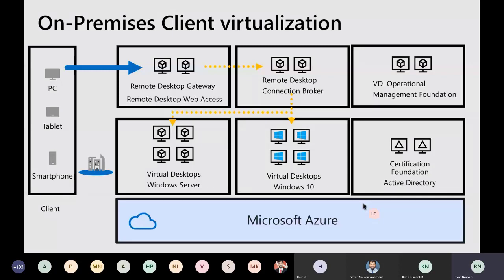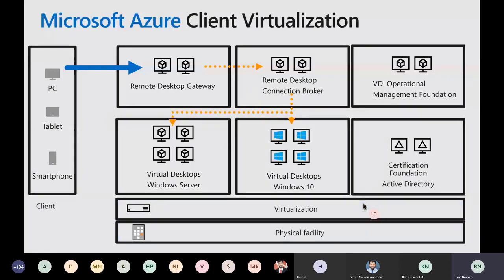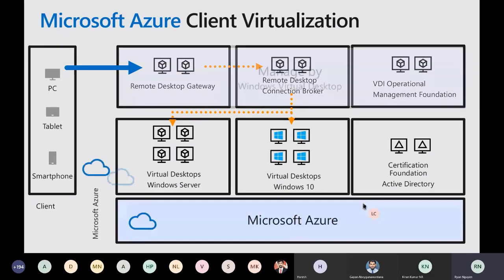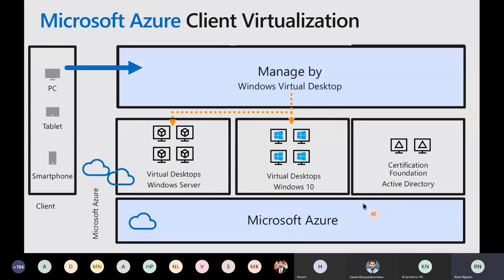You don't need to have a DC or the server anymore. And with the WVD, Microsoft also provides the free WVD control plane, so you don't need to take care of it anymore. The cost and the effort that you need to put into it will be taken care of by Microsoft.